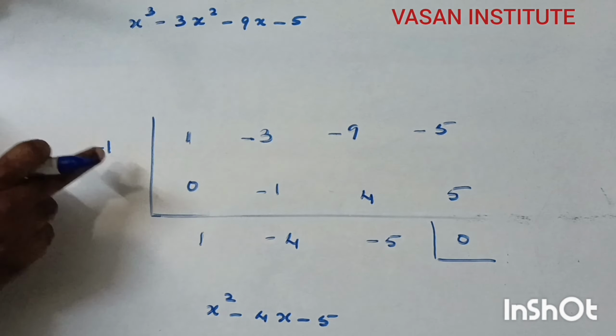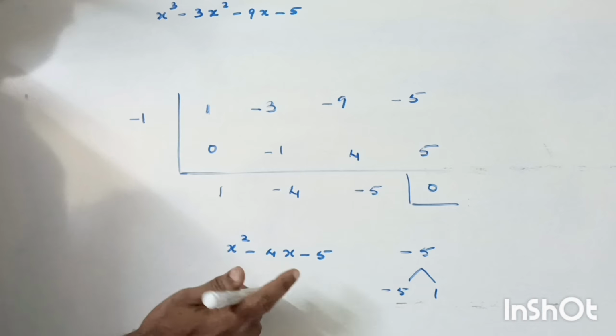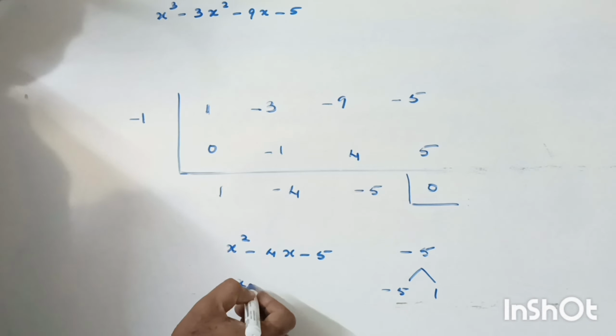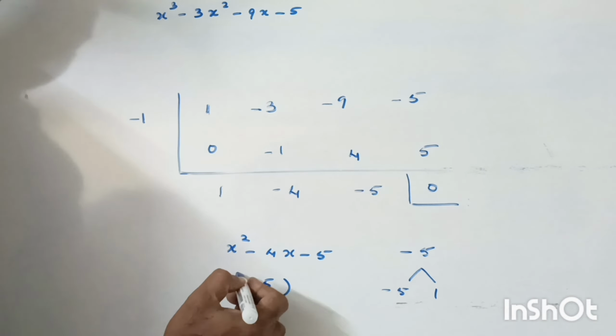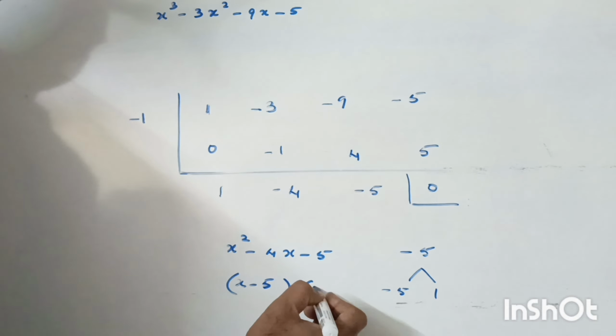Here the last term is minus and the middle term is also minus, so the greater number must possess the minus sign. Minus 5 into 1, minus 5; minus 5 plus 1, that is minus 4. So we can write x minus 5 into x plus 1. So the factors are x plus 1, x minus 5 and x plus 1.